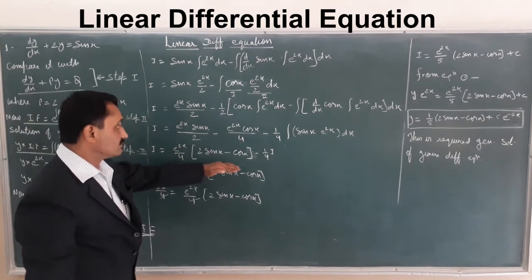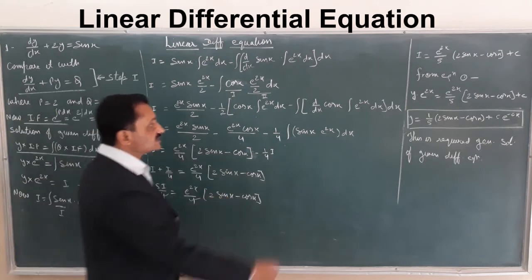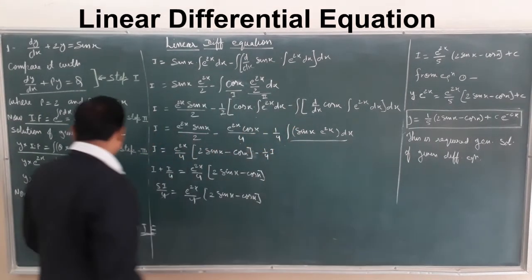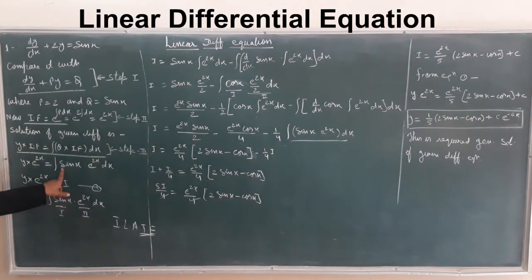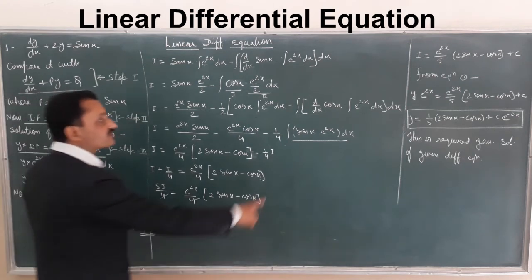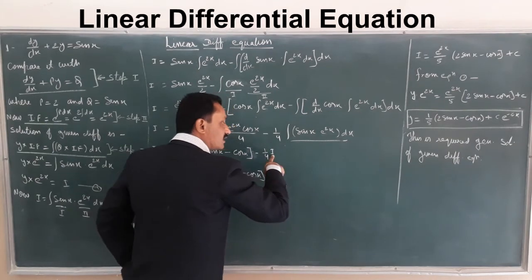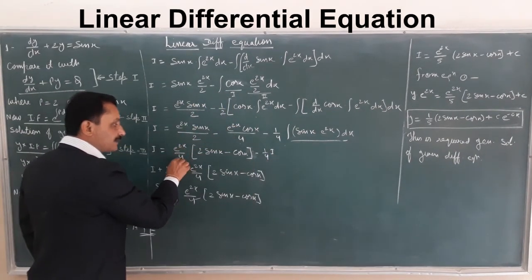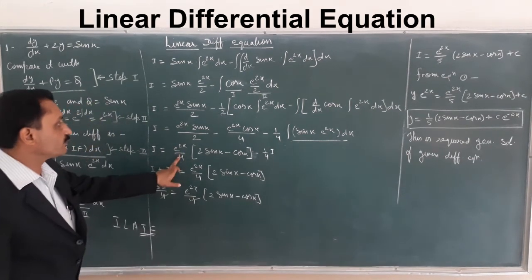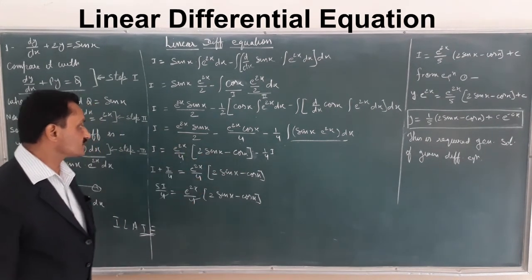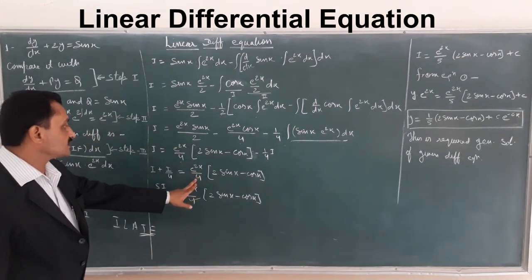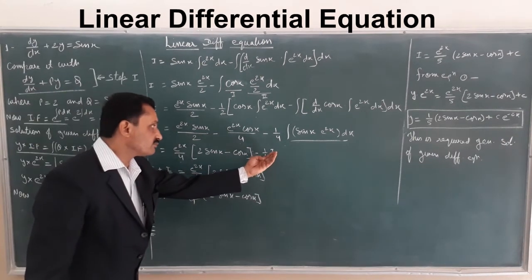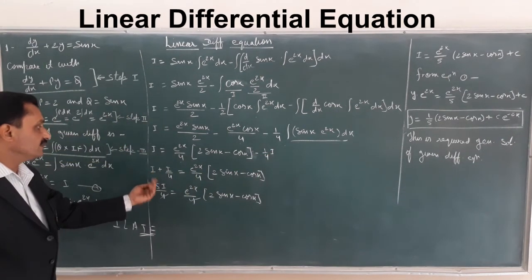Now take the LCM. After taking the LCM, you can see clearly this is our I. I means the integral of sin x e to the power 2x dx, so we put I again here, 1 by 4. Take the LCM, then you will get this step: e to the power 2x upon 4 times (2 sin x minus cos x). Take this I by 4 to the left side, so the sign will be changed.